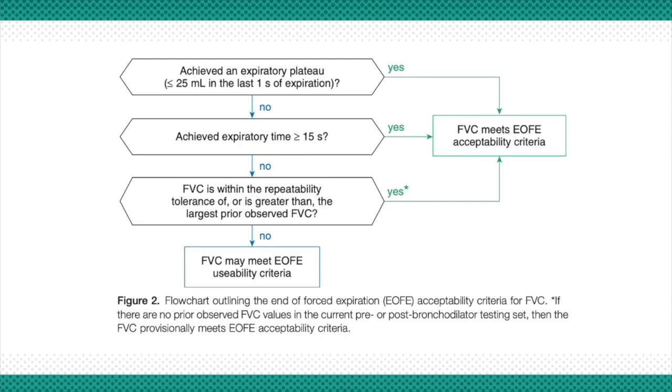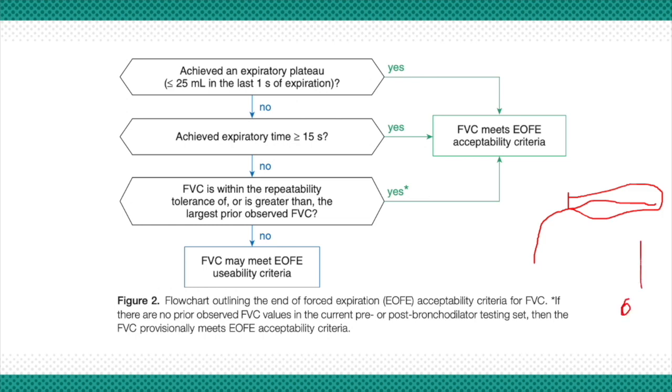In 2019, a major change came where they recommended that instead of going for a cutoff of 6 seconds, we would accept a reading if the patient is able to achieve an expiratory plateau. So this expiratory plateau is more important as compared to the 6-second cutoff.